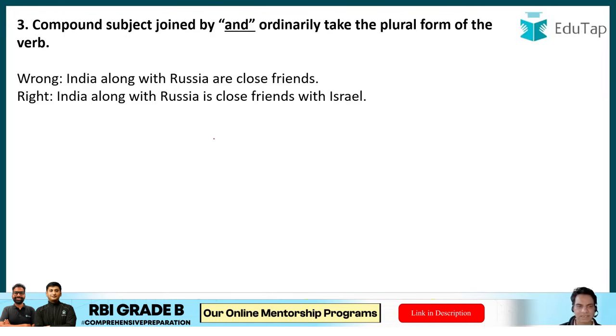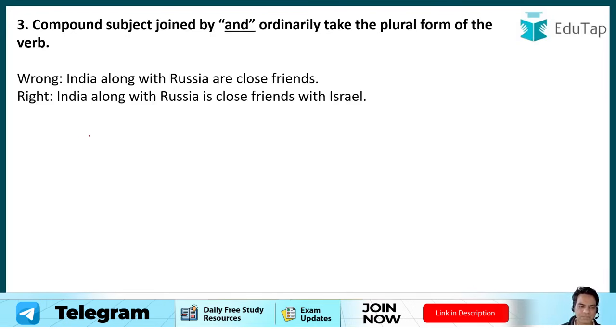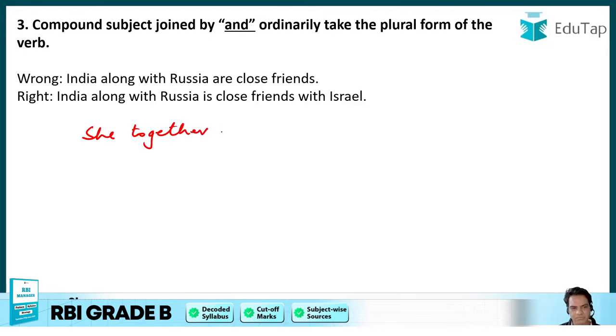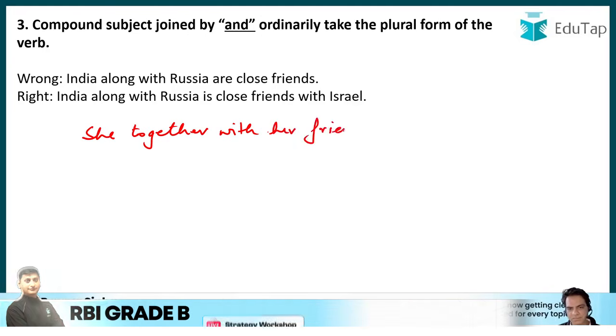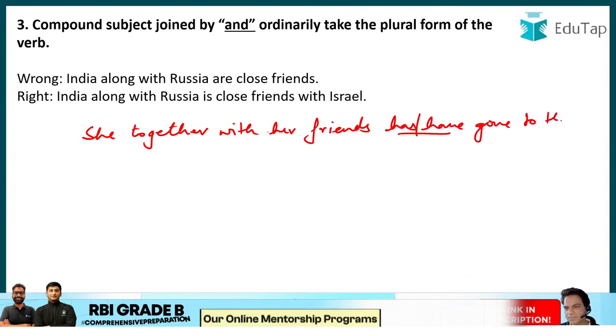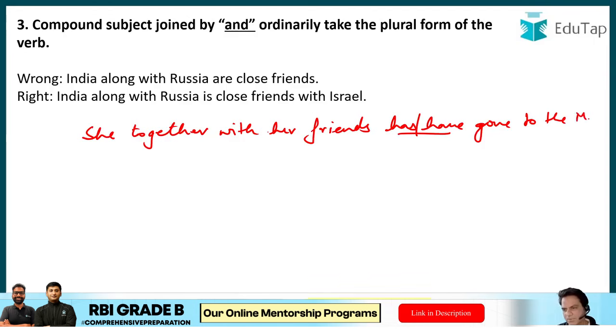Now guys, let me give you a simple example. She, together with her friends, has gone or have gone to the market, to the mall, for example.